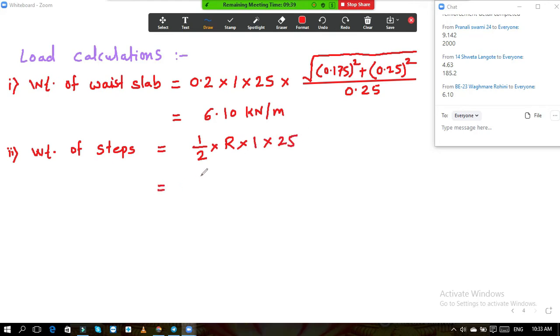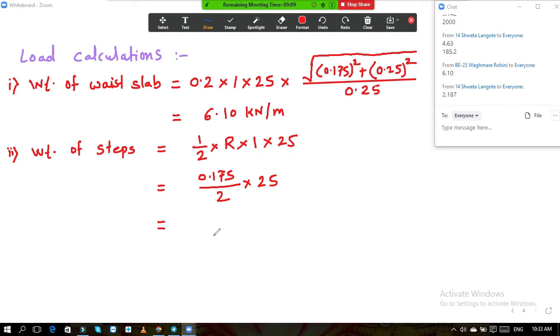Here our riser is 0.175 divided by 2 multiplied by 25, so you will get the weight of steps 2.187 kilonewton per meter.